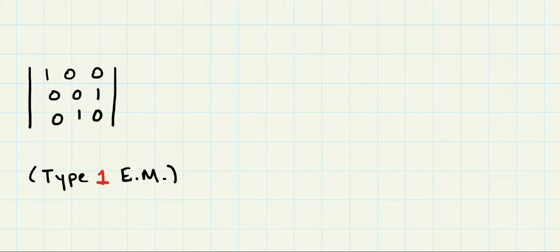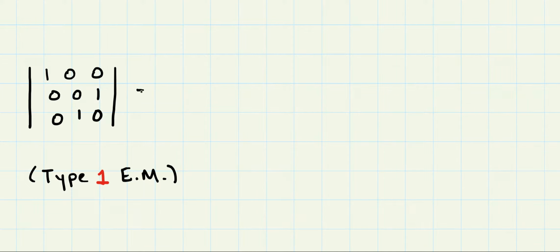We're going to talk about the type 1 elementary matrix. Let's actually just find the determinant of this one. This should be really easy. Notice that this is a type 1 elementary matrix because I switched row 2 with row 3. So I'm going to go along this row.